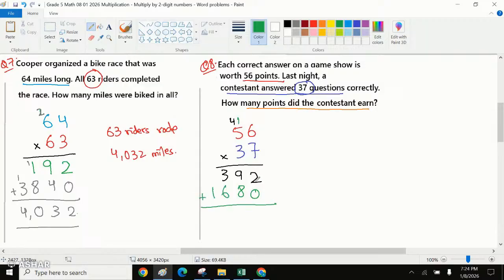When we add them together, 9 plus 8 is 17. Put 7, carry 1. 3 plus 1 is 4. 4 plus 6 is 10. We carry 1 and this becomes 2. That means 2072.